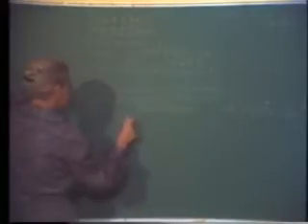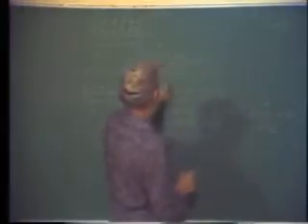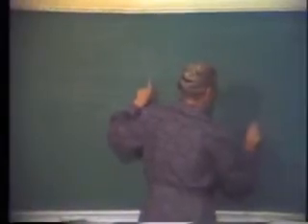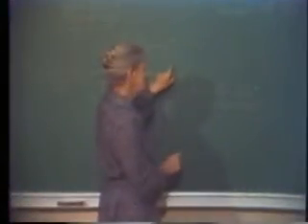So that's right. Now if we multiply everything by C we get A squared C plus 2ABC plus 2AC squared plus B squared C plus 2BC squared plus C cubed.